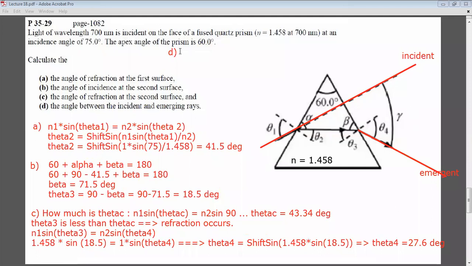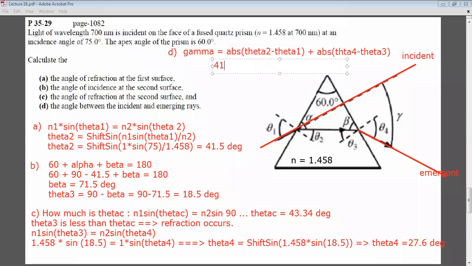This is easy. This angle gamma is nothing but the absolute value of theta 2 minus theta 1, that is the resultant from this minus this, or this minus this, depending which one is bigger, plus the absolute value of theta 4 minus theta 3. So what is theta 2?